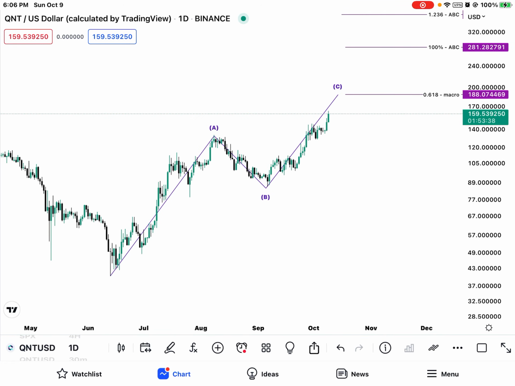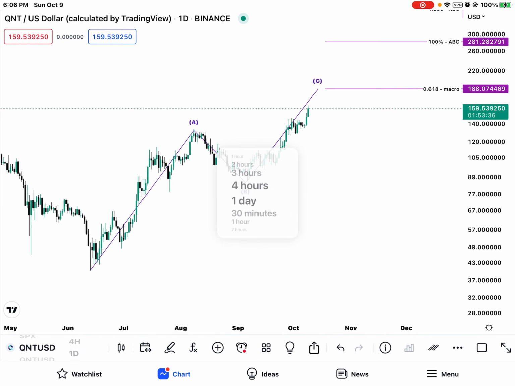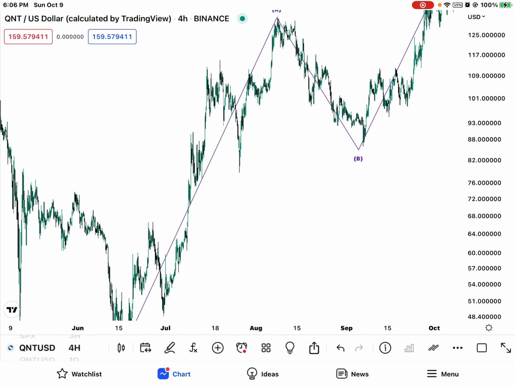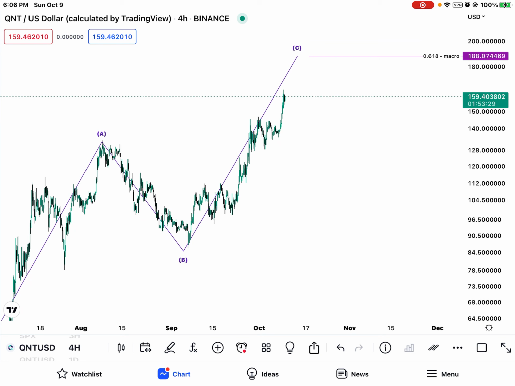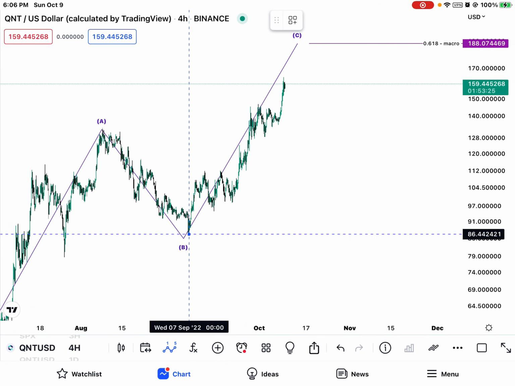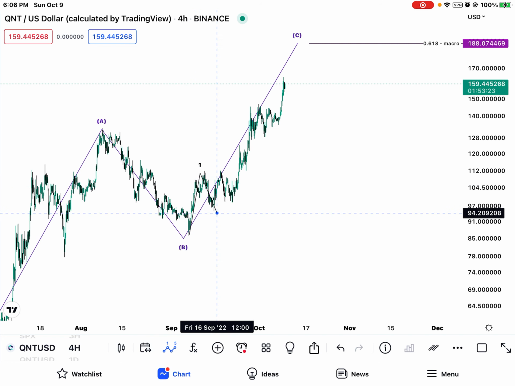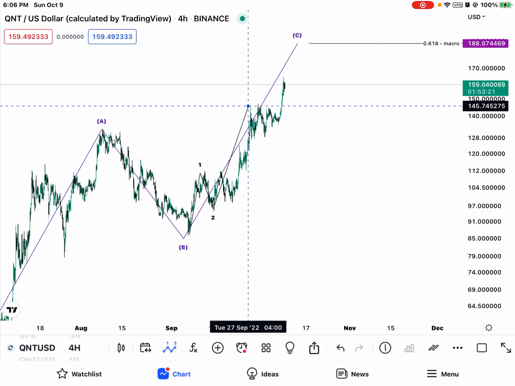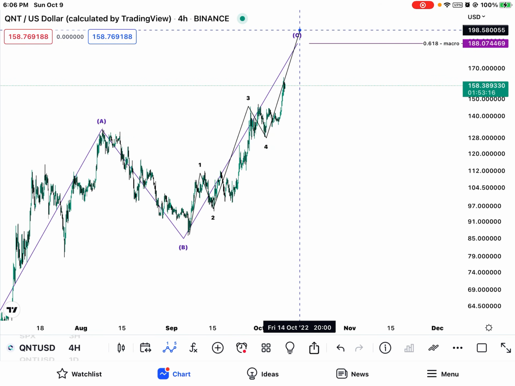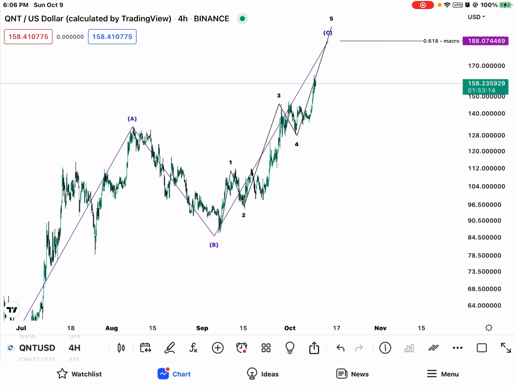Let's drop down to the 4-hour and see where this can hit. Let's label some of the waves here. We have our 1, 2, 3, 4, and where's our wave 5 going to go?